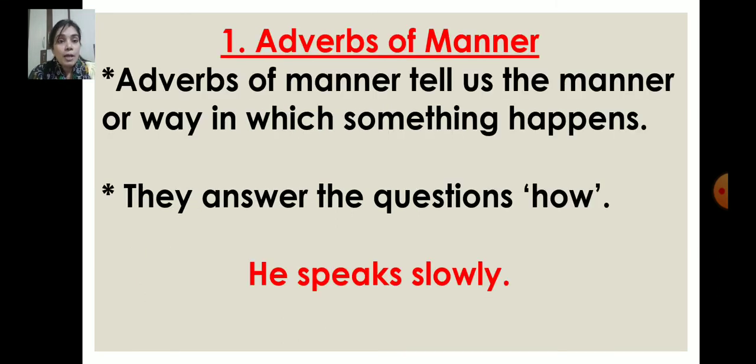So now let us understand with example sentences what these kinds of adverbs are. Number 1 is adverbs of manner. Adverbs of manner tell us the manner or way in which something happens. They answer the question how.